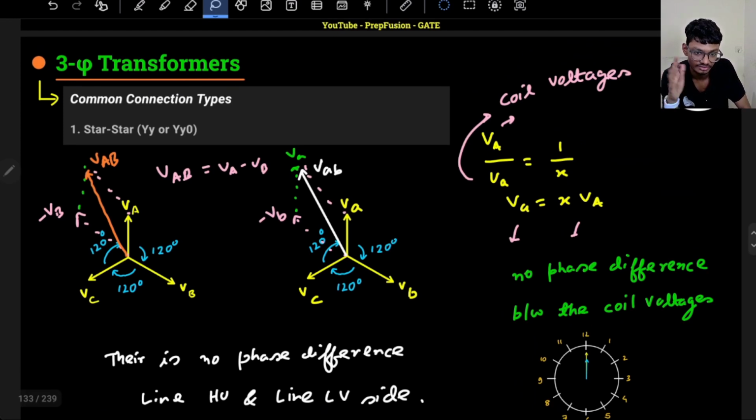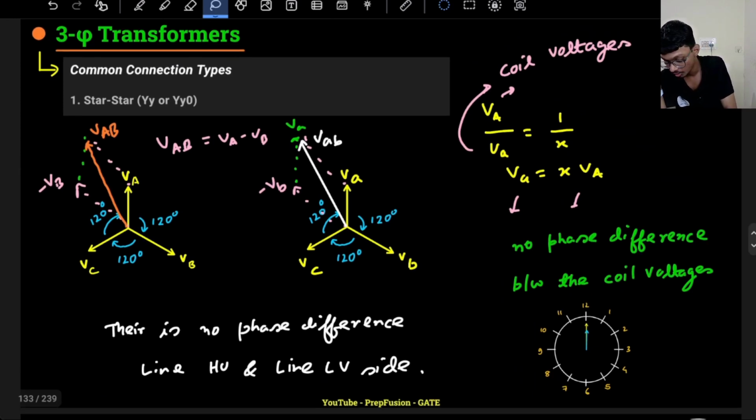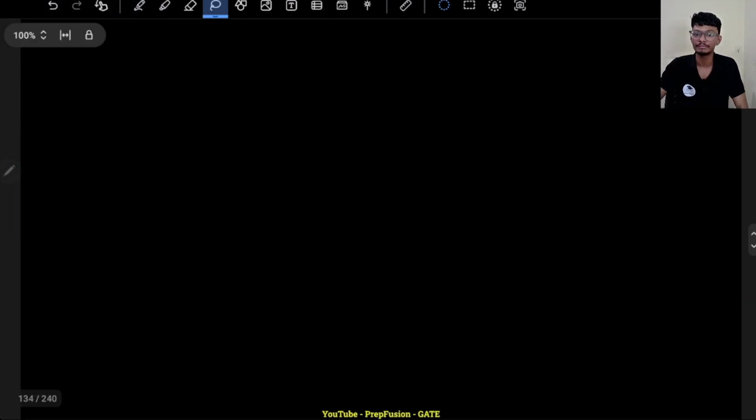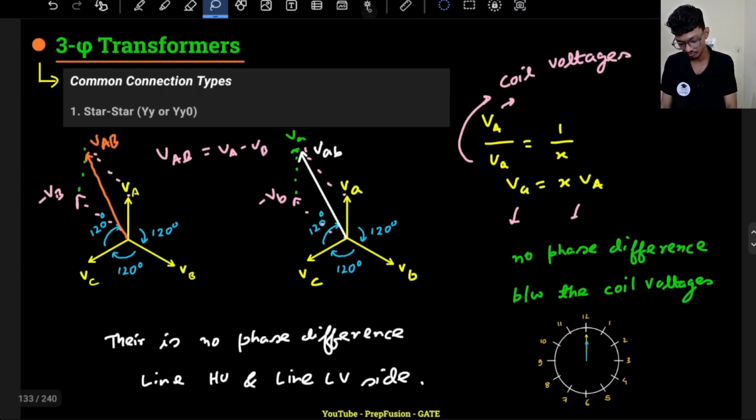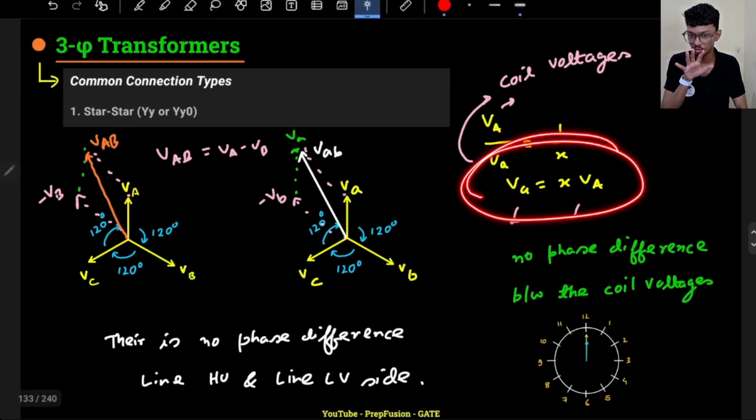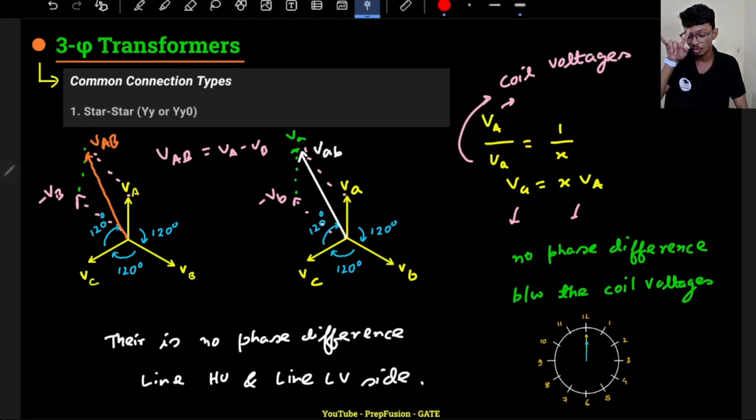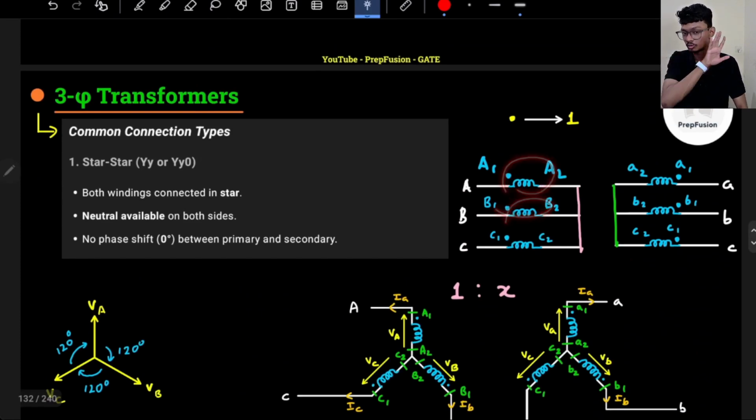When will there be phase difference? I will discuss. Now one more thing, what is the transformation ratio of the primary and secondary line voltages? Because this was only for the coil voltages. In this case, the coil voltage and the phase voltage both are the same.